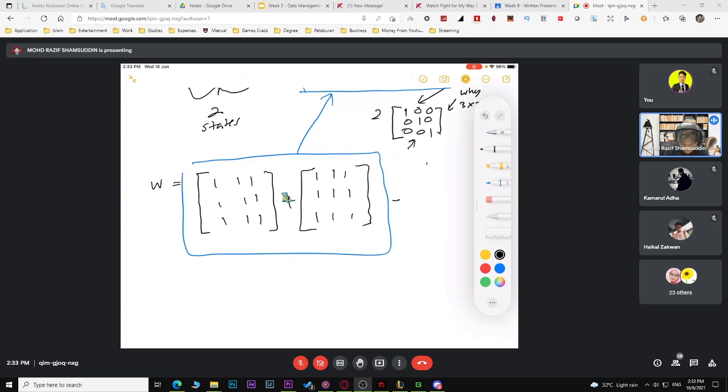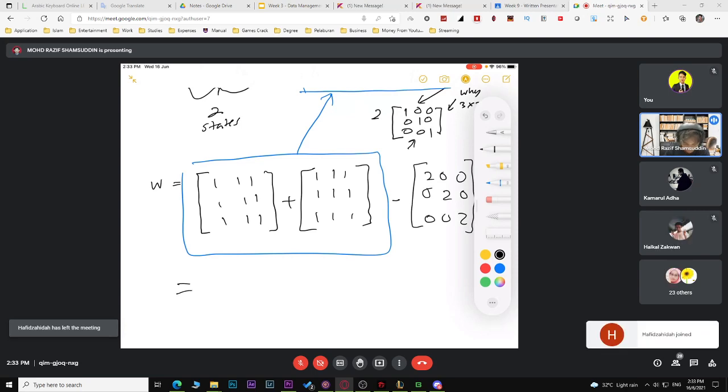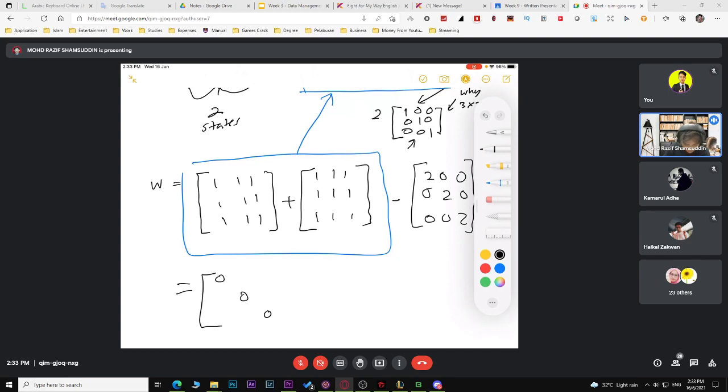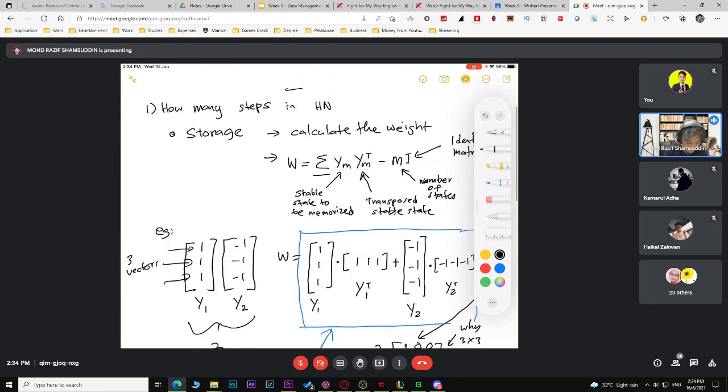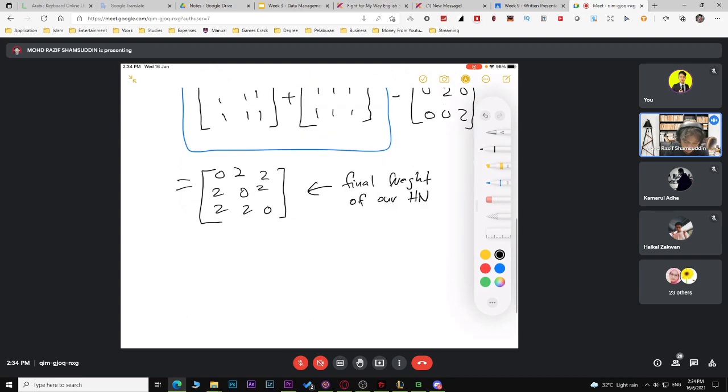So it will become something like this, 2, 2, 2. So the answer would be 0, 0, 0. This is the final weight of our Hopfield network.